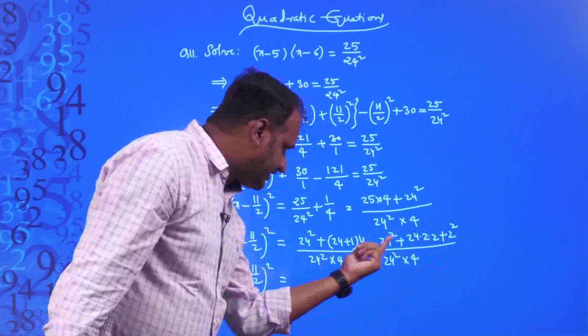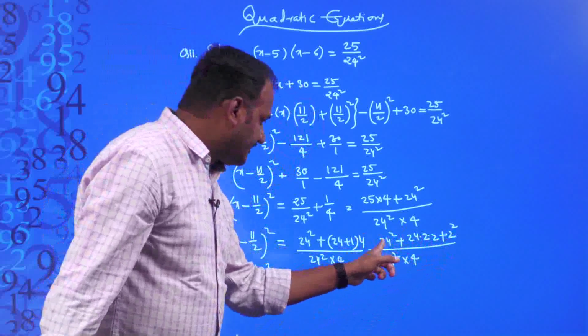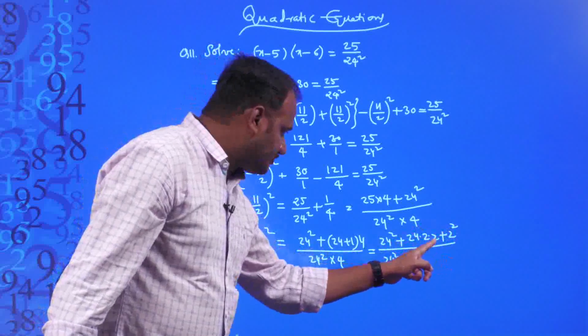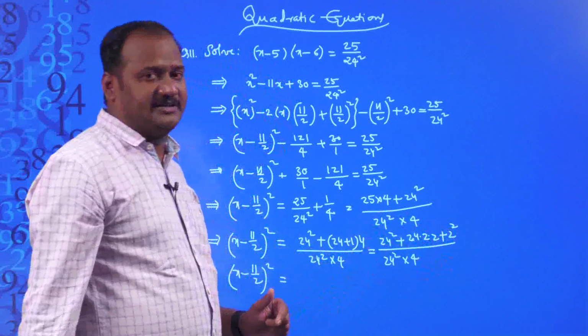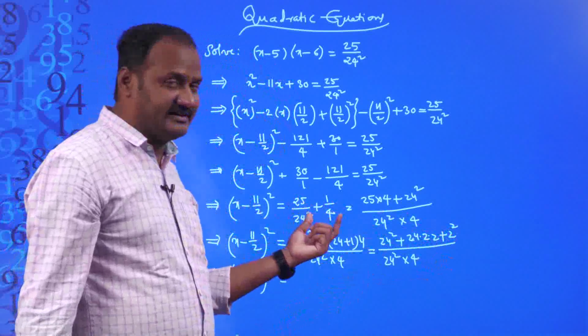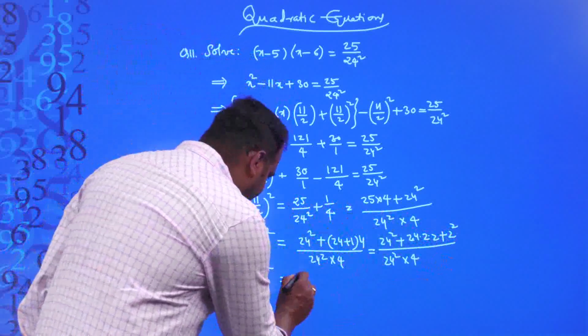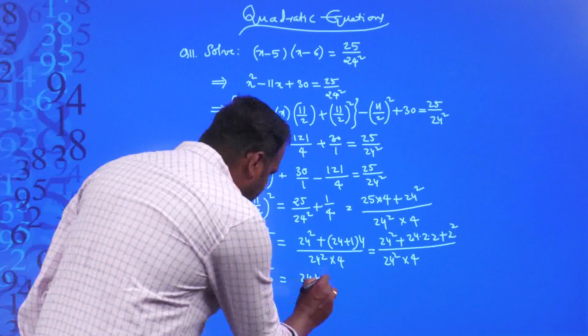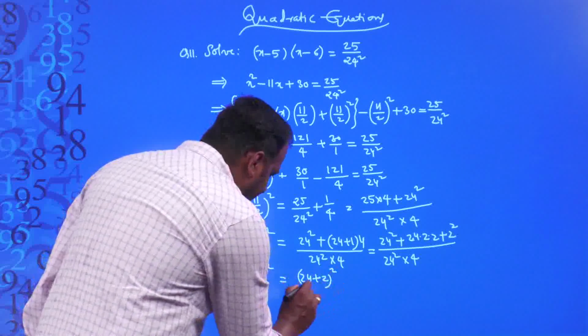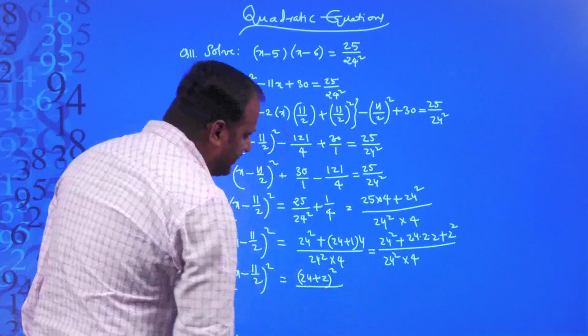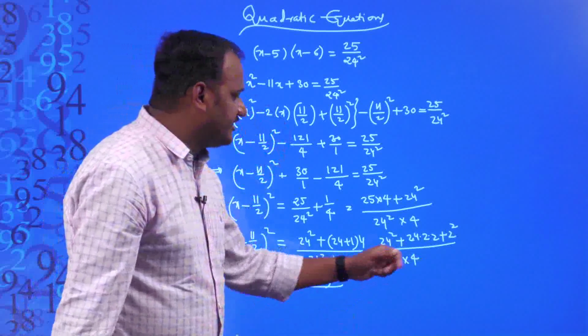So, totally the numerator is in the form of a square plus b square plus 2ab. It means a plus b whole square. But what is a here? A is 24 and b is 2. So, I am writing it as 24 plus 2 whole square divided by 24 square into 4. See here, it is 24 square into 4 is there, no?